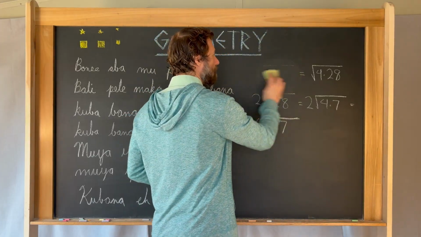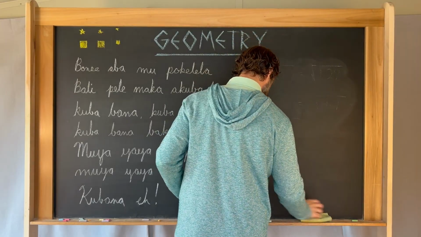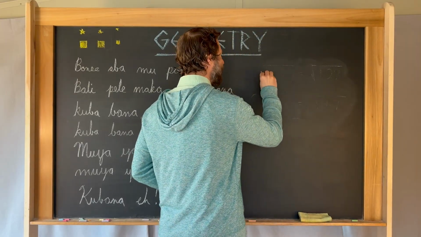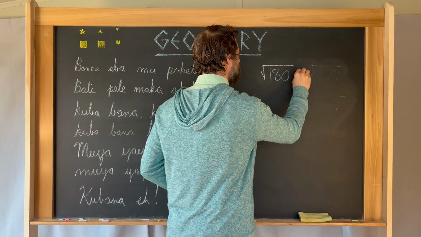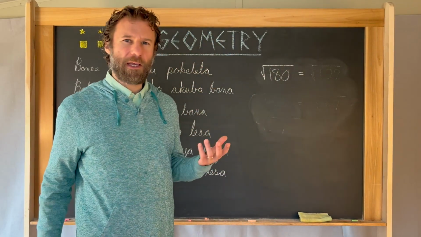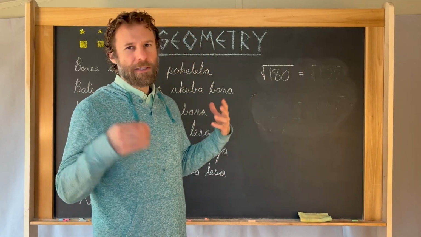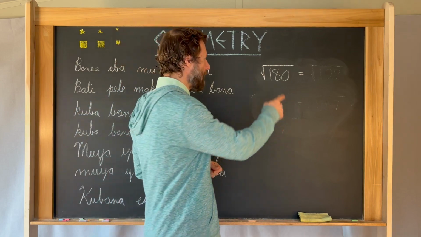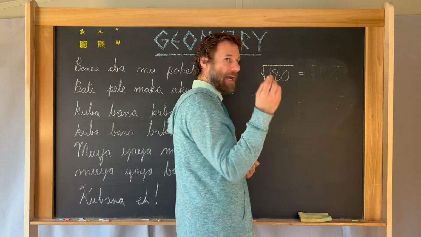But if that was not immediately obvious to you, you might look at 180 and go, it's probably divisible by 9, because 9 goes into 18 and the square root of 9 is 3. So I'll pull the 9 out. 9 times 20 would be 180. And the square root of 9 is 3.